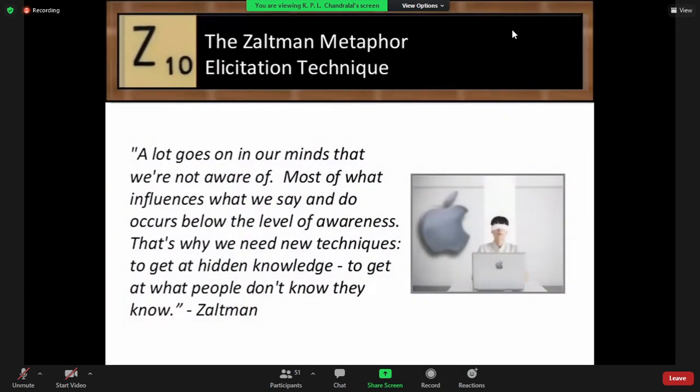So this is the reason. A lot goes on in our mind that we are not aware of. Most of what influences what we say and do is below the level of our awareness. That's why we need new techniques to get at hidden knowledge, to get at what people don't know. In neuroscience understanding, 95% of the things that we think are unconscious.